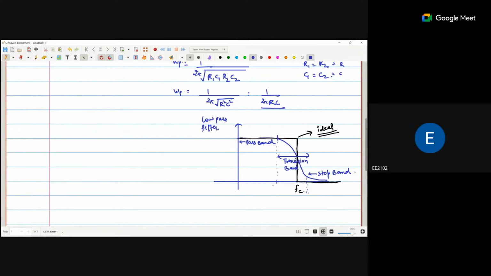So this practical low pass filter response is divided into three bands: pass band, stop band, and the transition band. Now, how do we define the cutoff frequency?